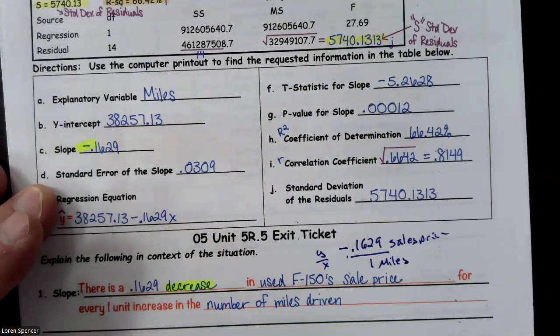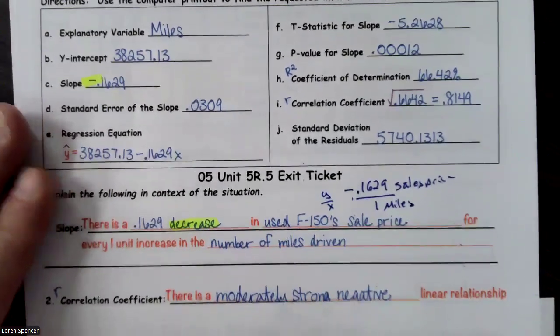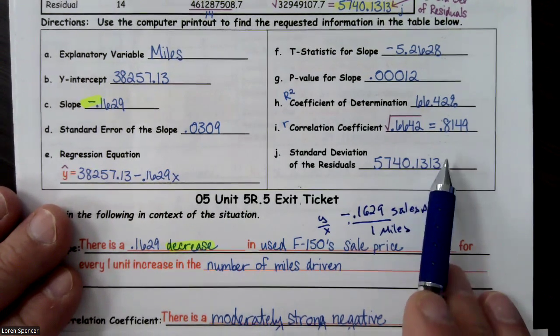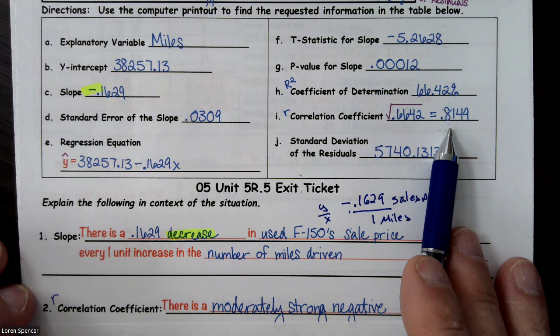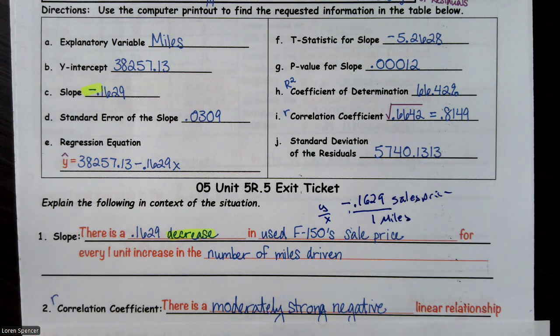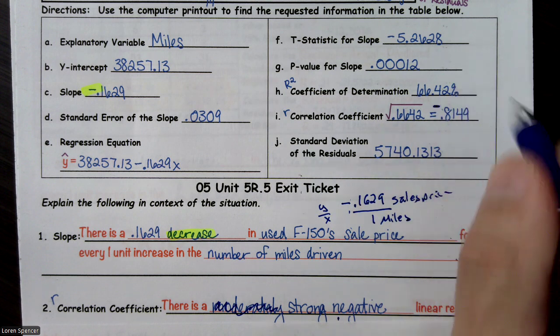The next thing we ask for is the correlation coefficient. All right, so in this case, our correlation coefficient is negative 0.8149. And in this case, this should say there is a strong, but our correlation coefficient happens to be negative.